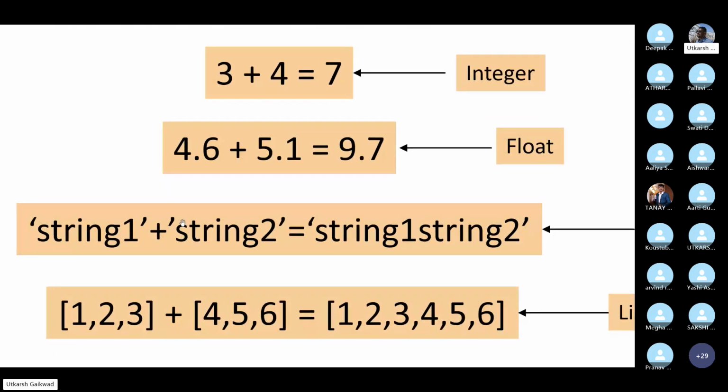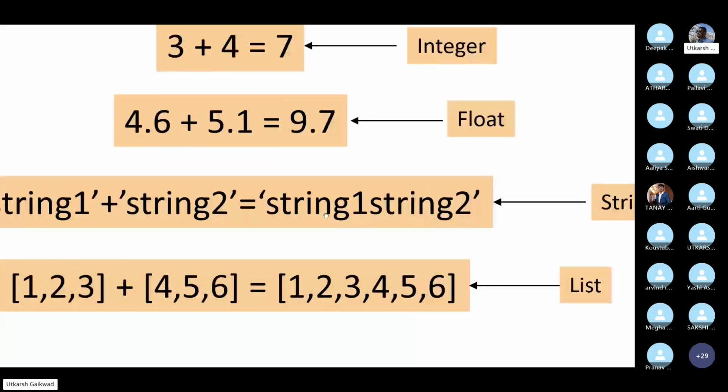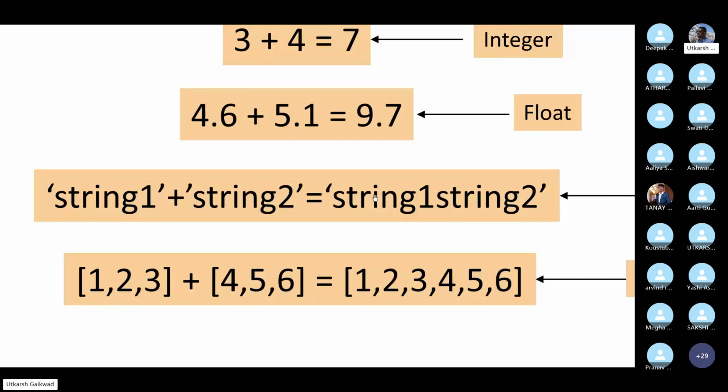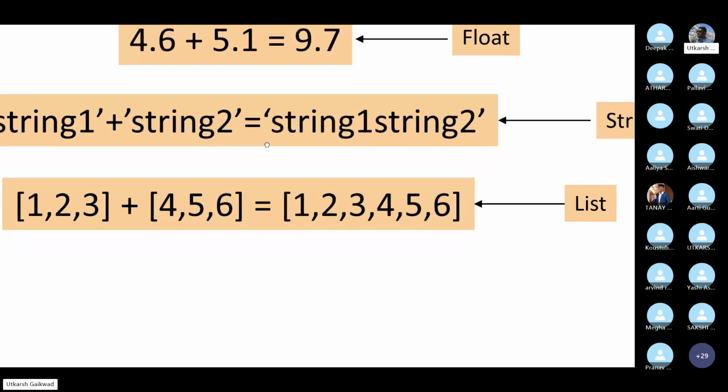If I apply the plus operator to strings, string concatenation will happen. Concatenation means it will just combine them. String 1 plus string 2, if I write it, will combine the strings into a single one. Similarly, I can apply this to lists as well.